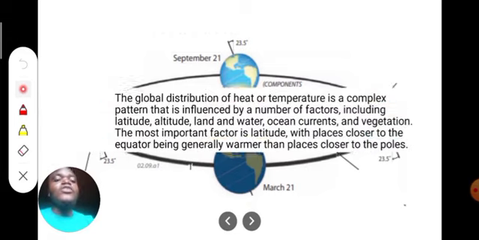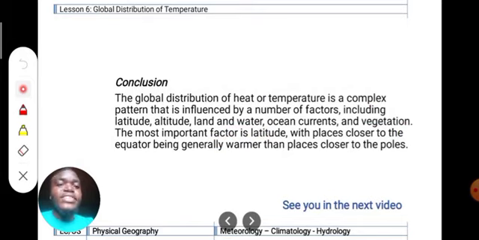Okay, we move over to the next slide. Notice that we have come to the end of today's lesson, whereby we have looked at heat, we have defined what temperatures are, we have looked at the difference between heat and temperature, we have looked at the horizontal distribution of heat over the Earth's surface and the factors that are responsible for this horizontal variation.